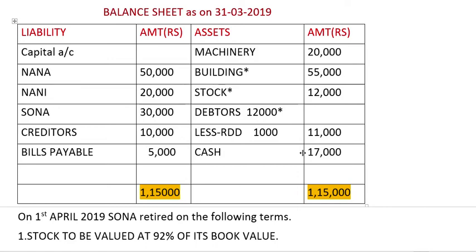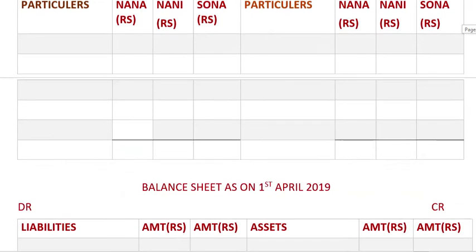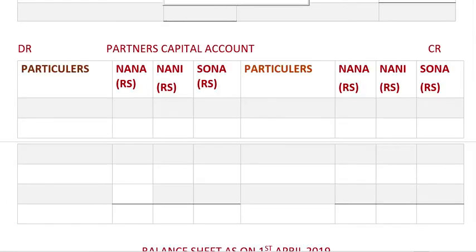So we'll start from the liability side. Capital account of Nana, Nani and Sona is 50,000, 20,000 and 30,000. So we'll be posting this on the credit side of the partners' capital account by balance brought down.